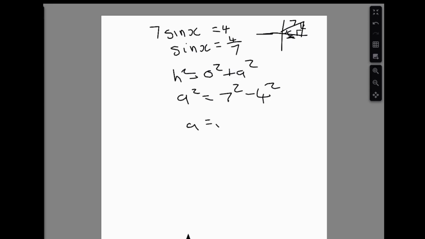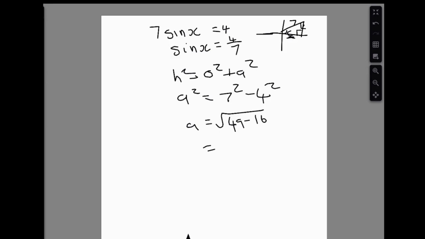Then a will be the square root of, so 7 squared is 49, minus 4 squared, which is 16.